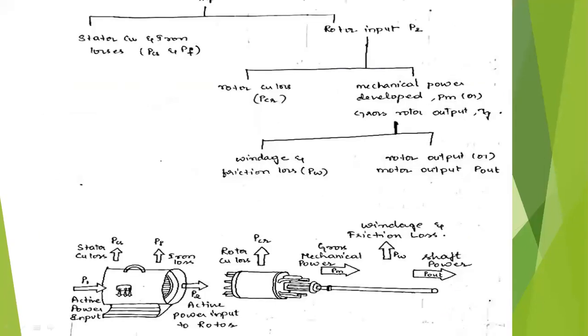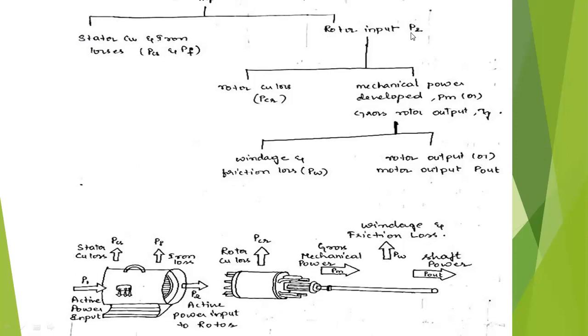And next, this is the final chart of the power stages that I have explained now. This is the given input. When we give input to the stator, stator copper loss and iron losses will be present. After subtracting the stator copper loss and iron loss, you get the rotor input P2.